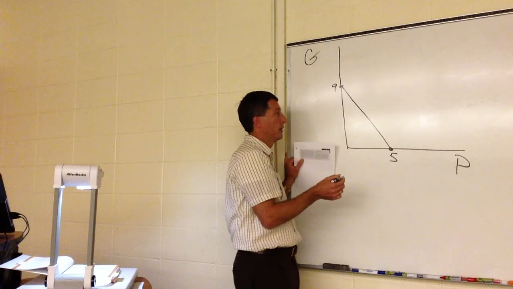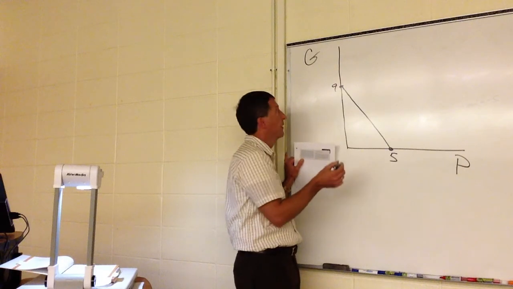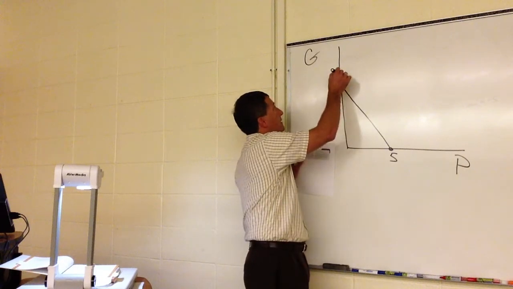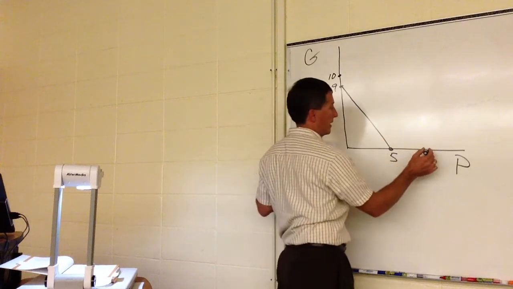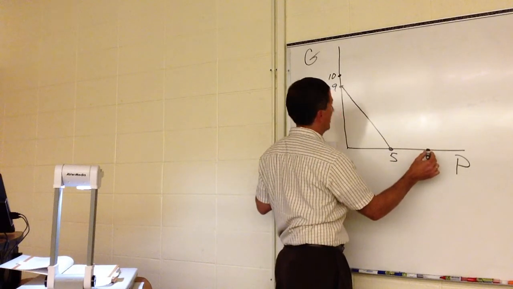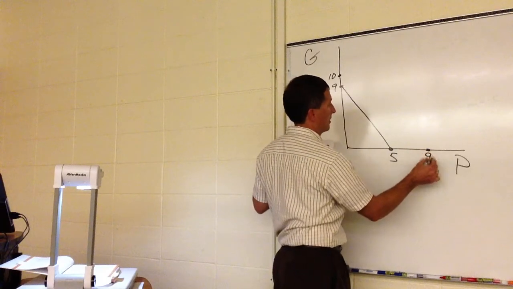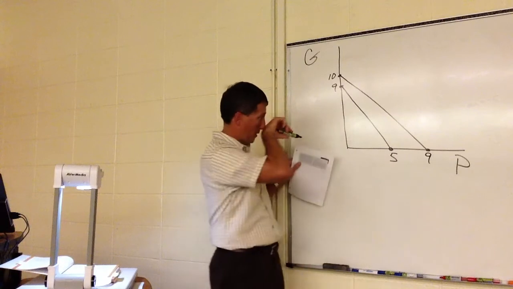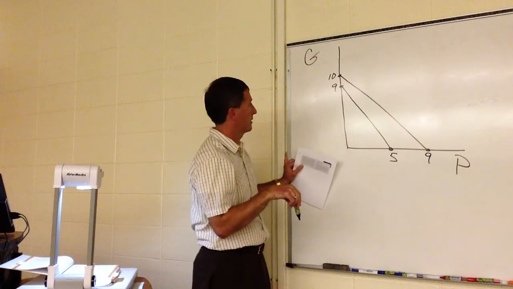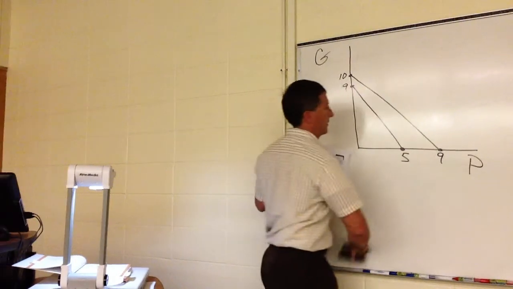And so income equals 100. And then the second one is at 10 and 10.